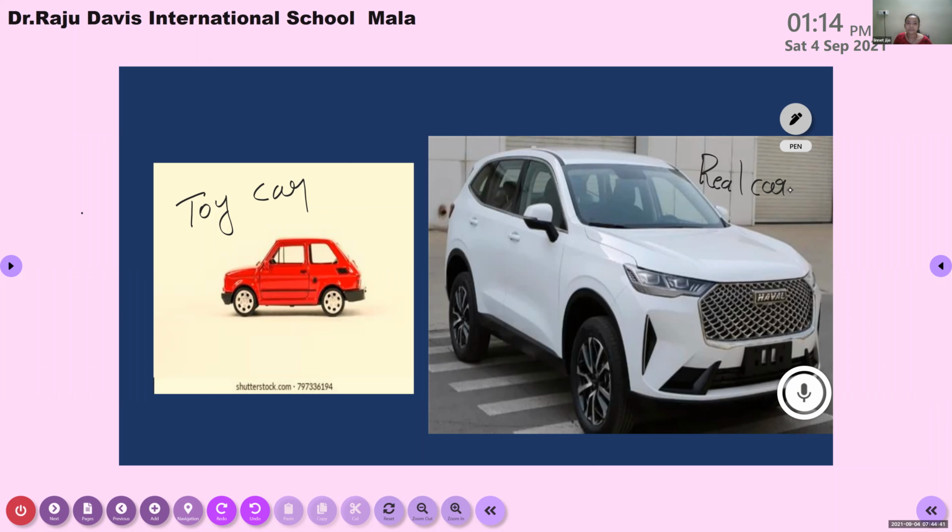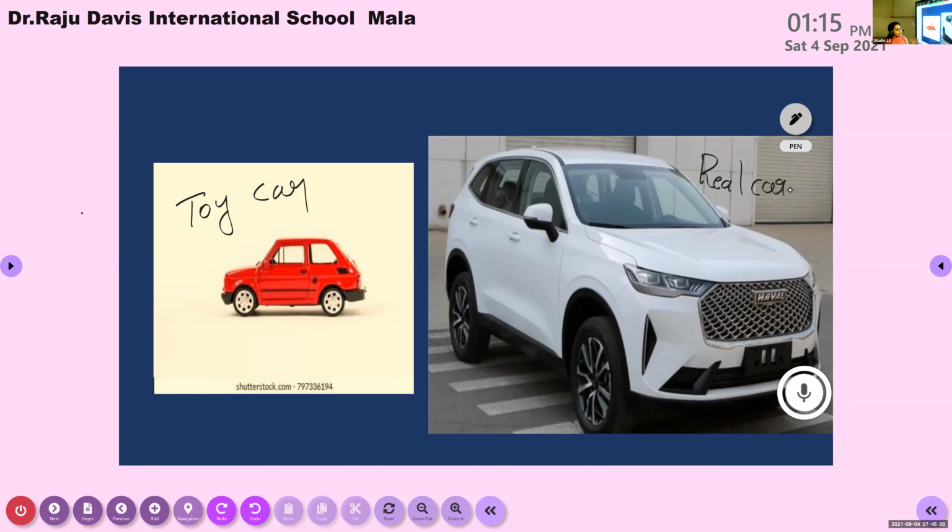The real car. We need to apply a greater force to the real car in order to stop its motion because it possesses a greater mass. So we can say that the force required to stop an object is directly proportional to its mass.